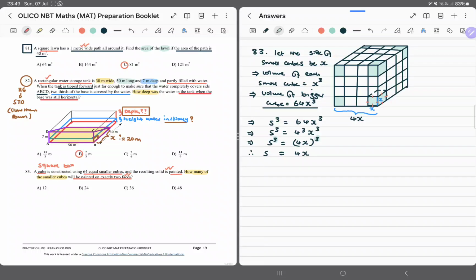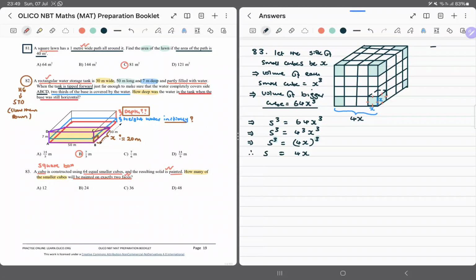Now the ones that get painted on just two faces, or we forgot to make this one also, that one gets painted on three faces, including this one.